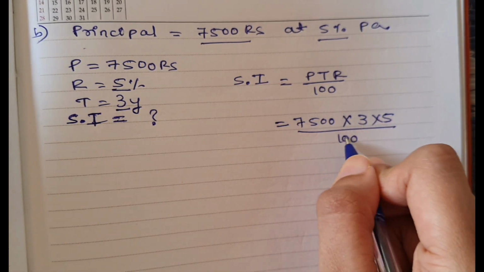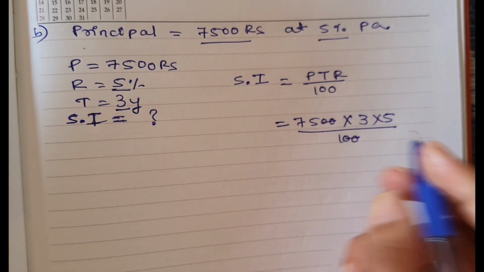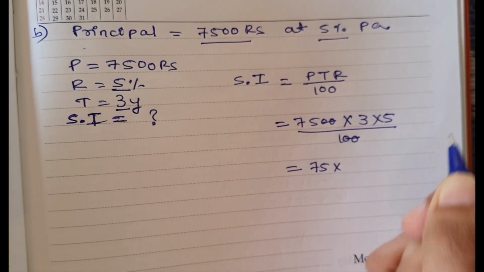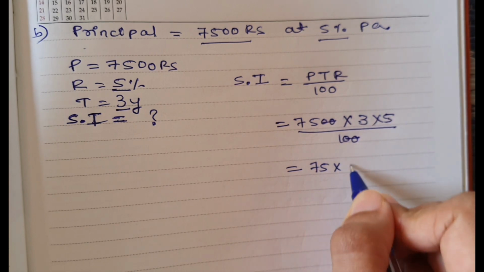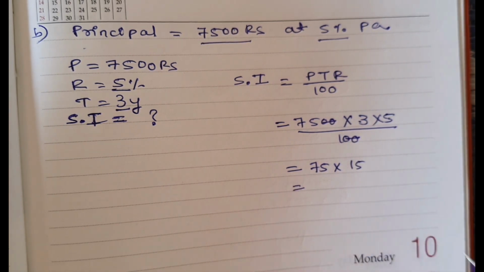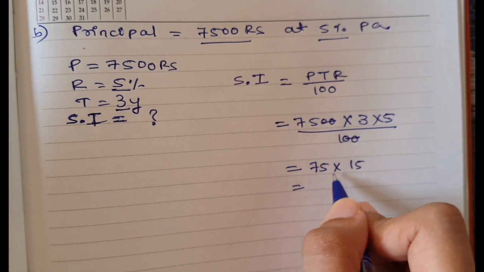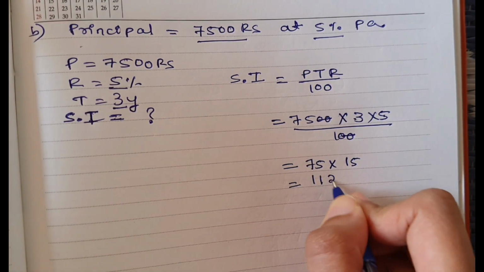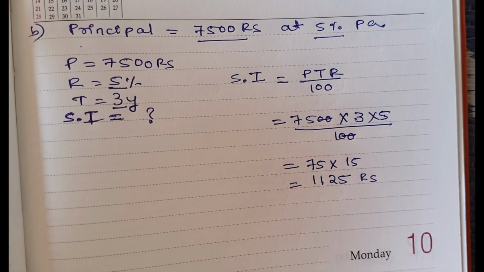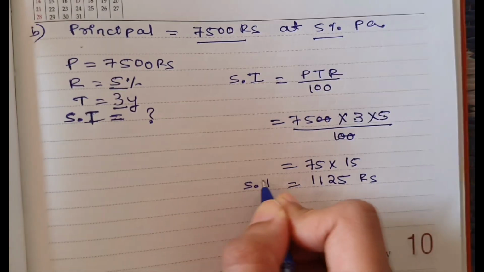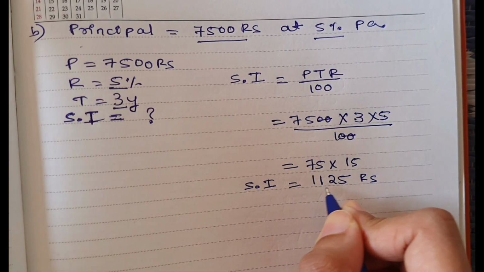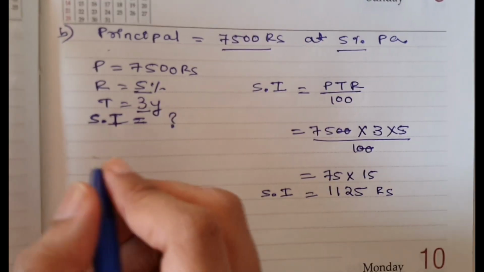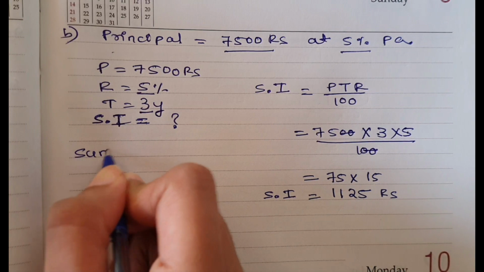Okay. Now let me simplify this. These two zeros got cancelled. Now the answer will be 75 into 3 into 5, which is 15. 75 into 15 is 1125 rupees. What is the unit? Rupees. Simple interest is 1125 rupees. Now we have to calculate the sum.